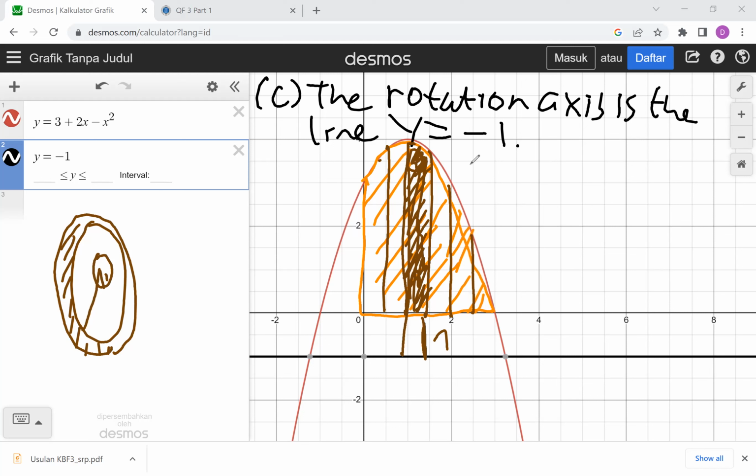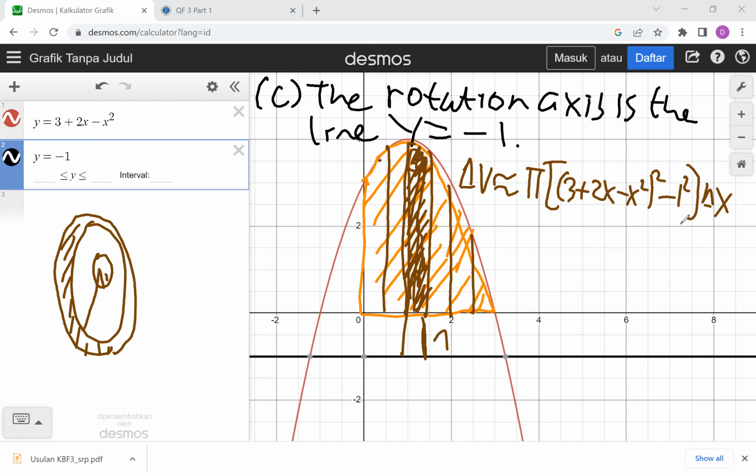So in this case, delta V, using the method of washers, is approximately pi multiplied by the larger radius, 3 plus 2x minus x squared plus 1, squared, minus 1 squared, then multiplied by delta x.